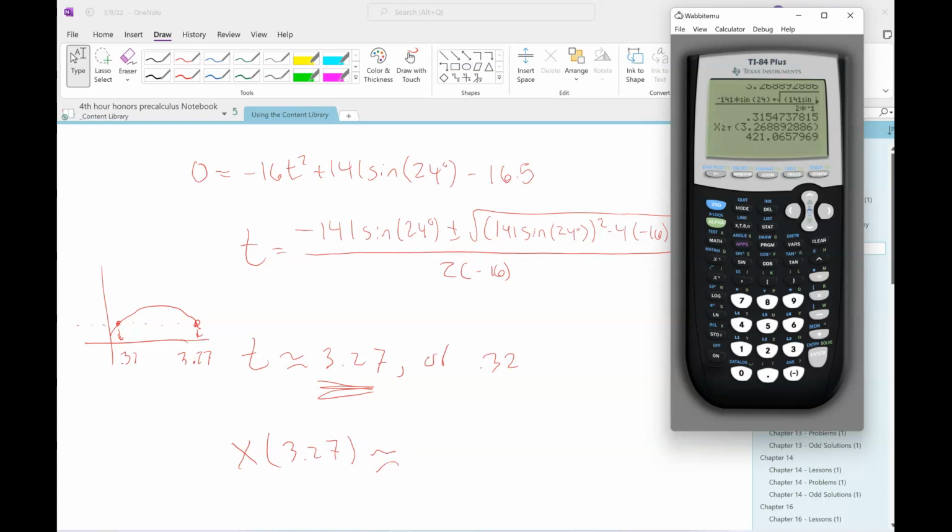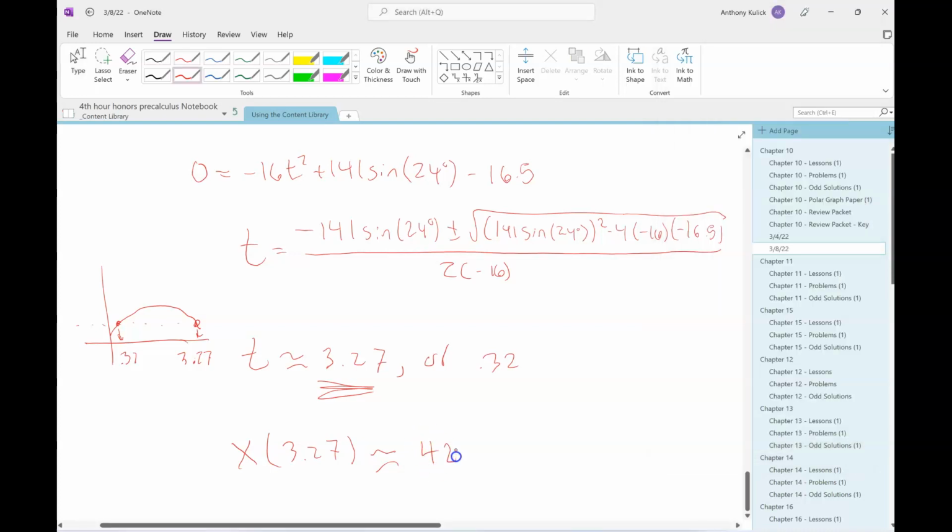If I actually round it up and put the fence 4/10 of a foot further, the ball would clip the very tippy top of it, right? Because you're actually past it, the height there is no longer going to be 20 feet off the ground, so it'd have to round down. So this should be 421.0 feet.